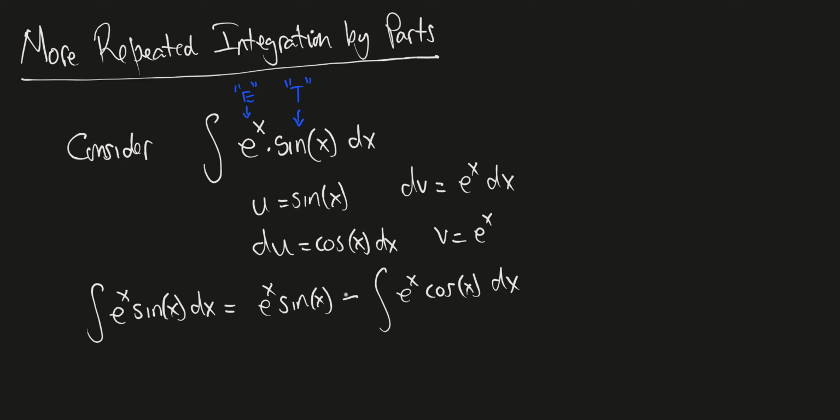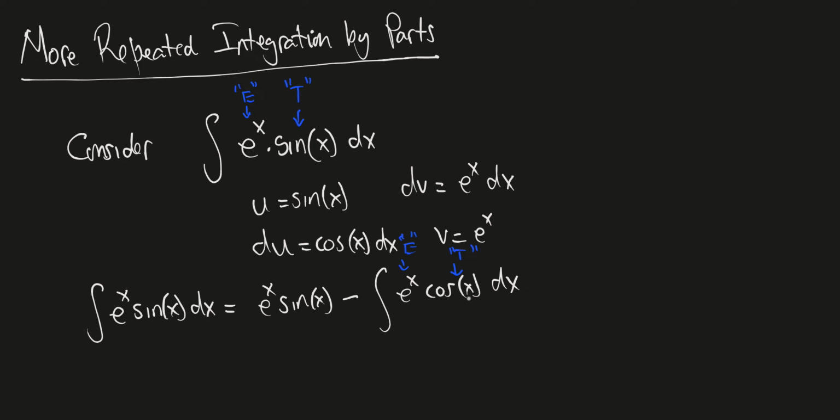But you know what? Let's be stubborn. Let's do the integration by parts again. Let's do it a second time, right? So I'm going to use parts on this second antiderivative, the e to the x times the cosine of x, right? And as far as the choice, we're back at the start. This is our e type. This is our t type, right? So we're going to choose u and dv in a very similar manner.